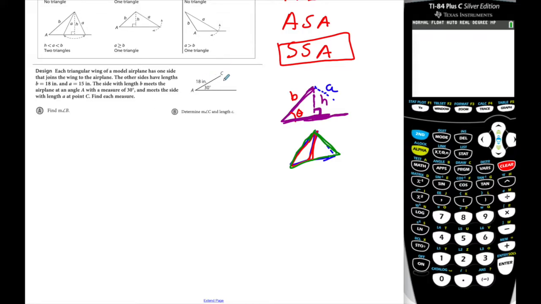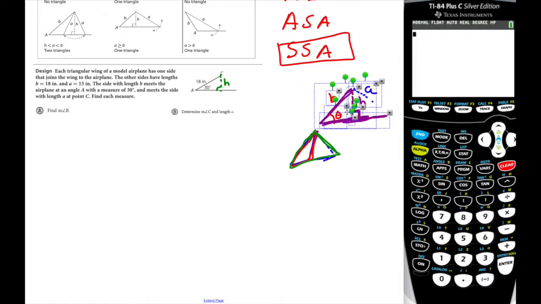So if we look at this situation, let's drop our height down here. That makes a 90-degree angle. To figure out the height, what do I know? Let's see if we can just move it without rotating.